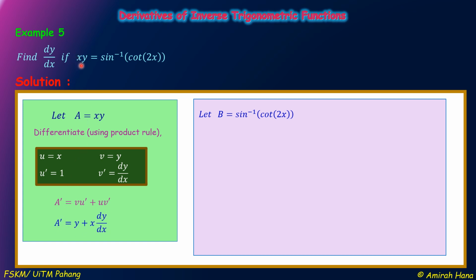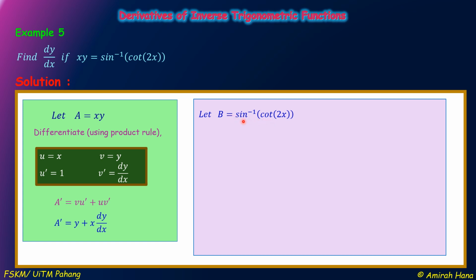When we differentiate xy, we get y plus x dy over dx using the product rule, because this is a multiplication function between two variables. Then we let b equal inverse sine cot 2x. This is not a multiplication function, but a composite function.